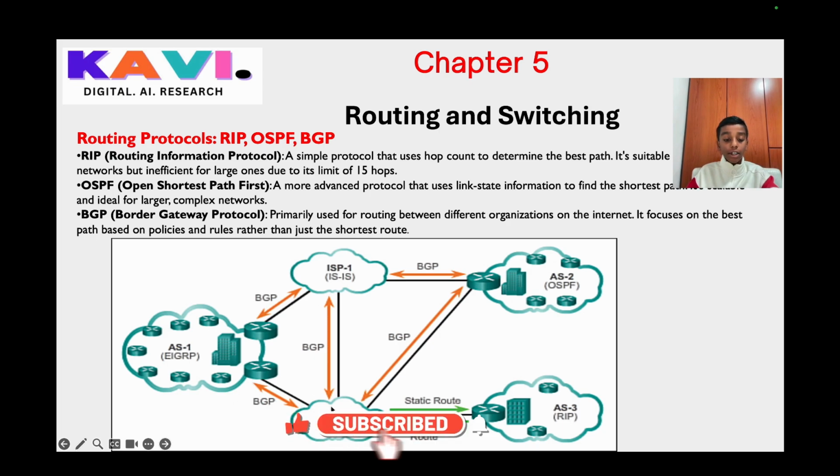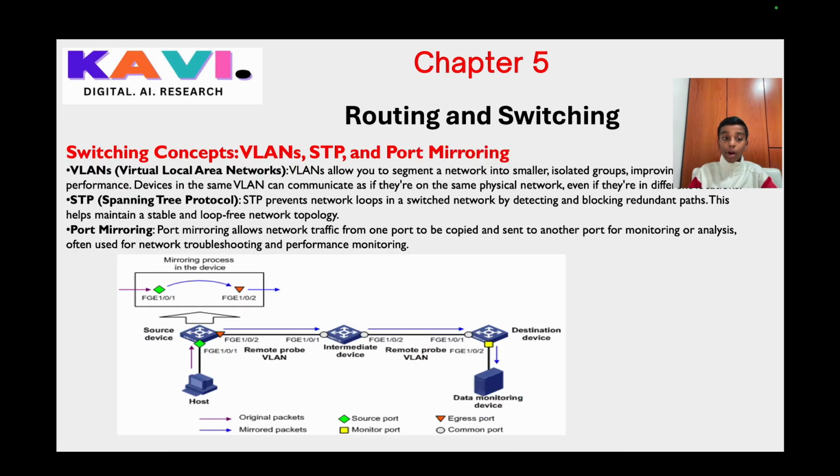And here is the OSPF company. They are all using BGP, the Border Gateway Protocol, to go to other networks. Now let's move on to the next slide to learn more.